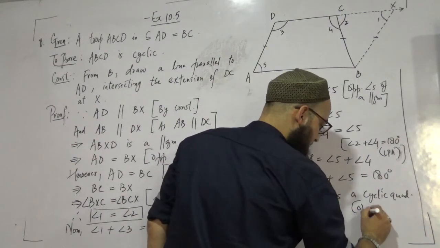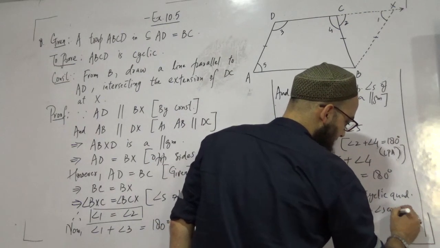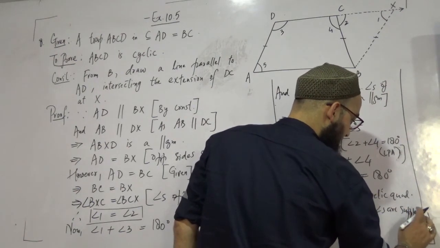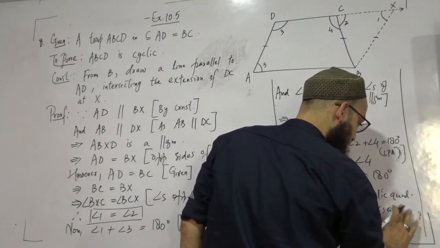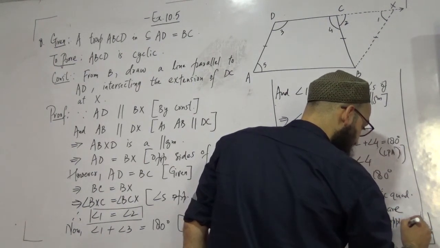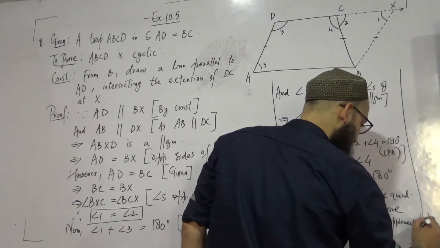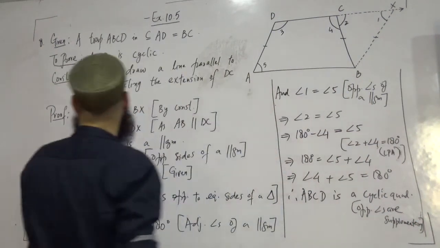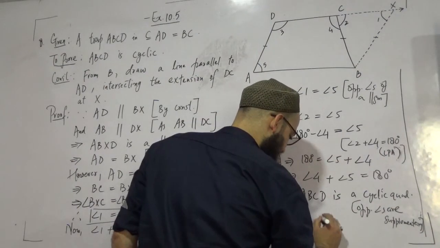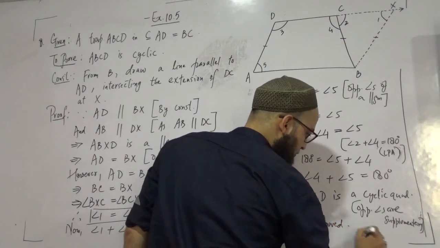Why? Because opposite angles are supplementary. That's it. ABCD is cyclic, hence proved.